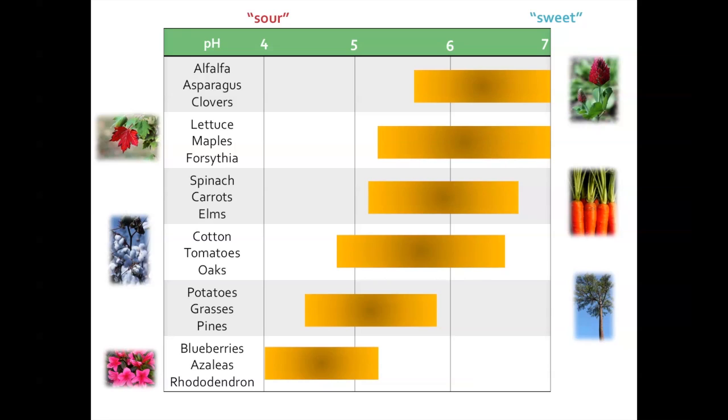You'll find that sweet soils, which have pHs from neutral down to about 6 or so, favor certain plants that are less tolerant of acidic soils. And then as you move across the spectrum, blueberries, azaleas, and rhododendrons much prefer more acidic soils.